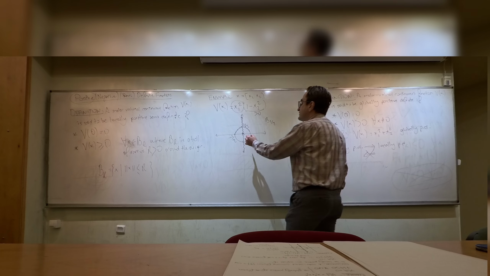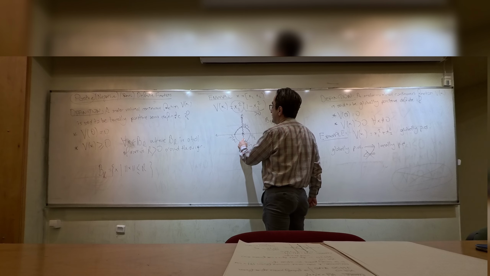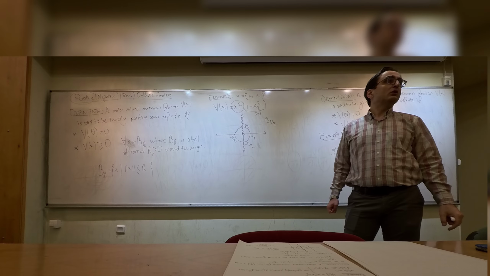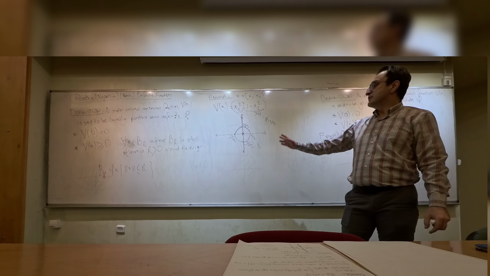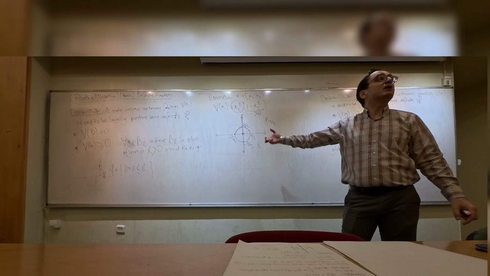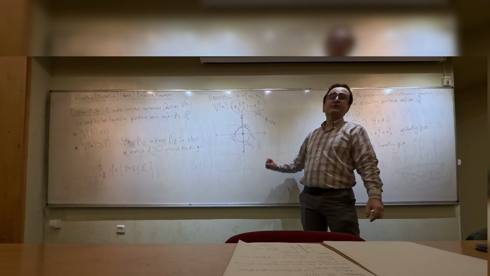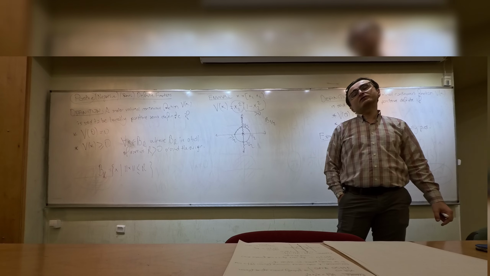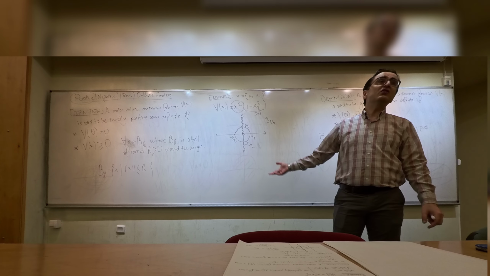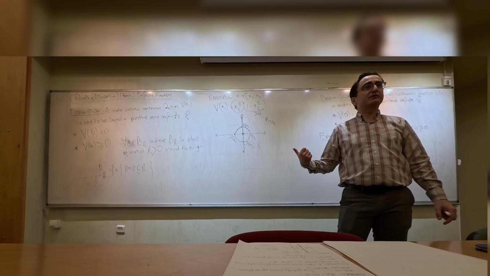So the function takes 0 values in other places than the origin in this ball. That means the function can only be positive semi-definite, not positive definite.